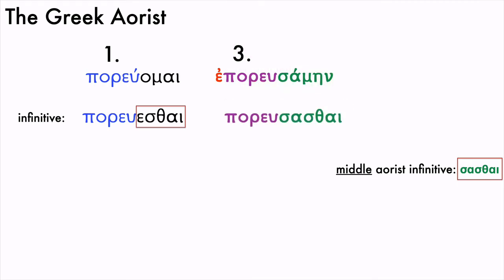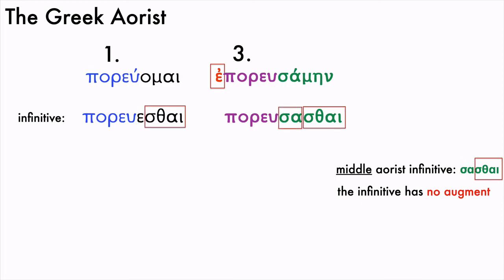So the aorist infinitive for this verb will be porusasthai. And you can see there's our ending. We've gotten rid of the temporal augment. And to reiterate my prior point, it might be useful to think of sthai as a middle infinitive that you already sort of know. Because if you think of it that way, you can say, aha, I see a lot of similarity here.